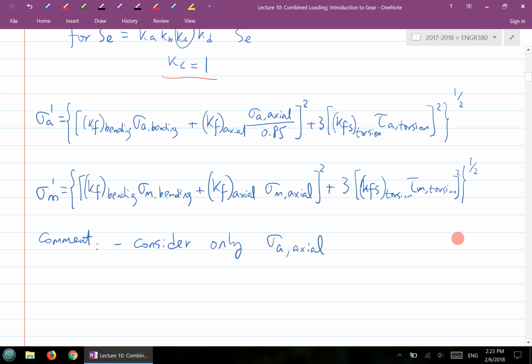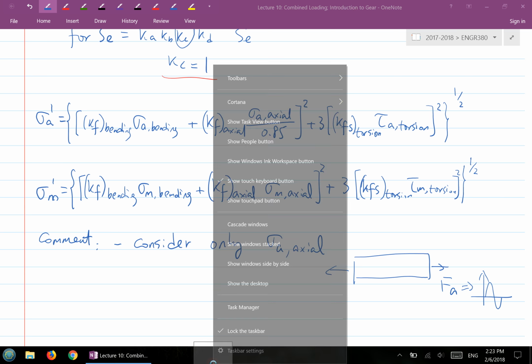If this is the case, what does that mean? Basically you have, for example, a shaft, and a loading force, let's say FA. It's oscillating, a completely reversed axial loading, and that results in a completely reversed normal stress. So if only this one exists, what does sigma A prime become?